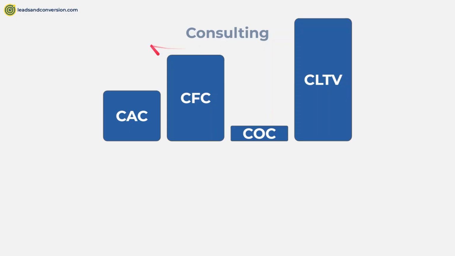Okay, let's see the last one, which is consulting. And consulting still has a quite hefty cost of acquisition, but then it has this massive fulfillment cost because it's very labor intensive. It's like a highly skilled labor that's just people working and doing the calls and doing the consulting work, and that is fulfillment cost.